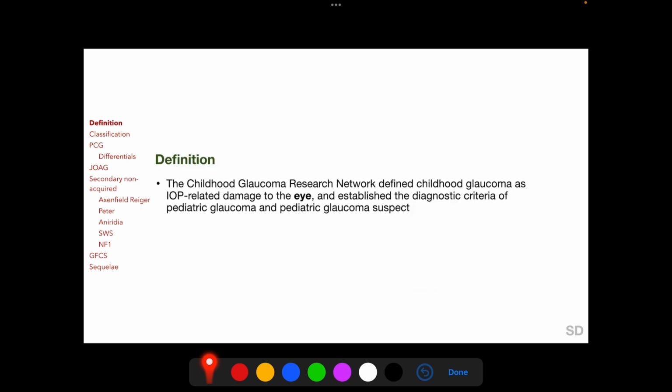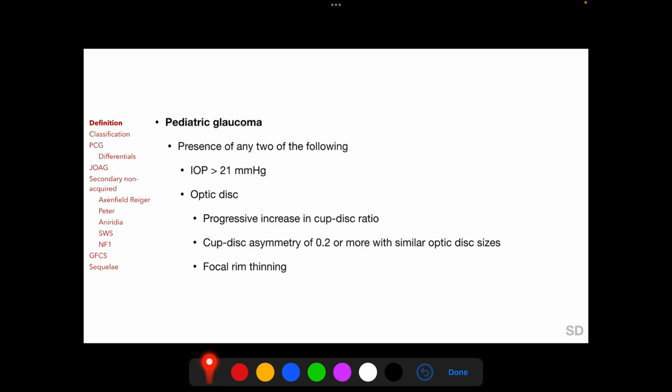The Childhood Glaucoma Research Network and the World Glaucoma Association defined childhood glaucoma as intraocular pressure-related damage to the eye and not only the optic nerve, and established the diagnostic criteria of pediatric glaucoma and pediatric glaucoma suspect. There are 5 criteria to define pediatric glaucoma, out of which any 2 must be present to establish the diagnosis.